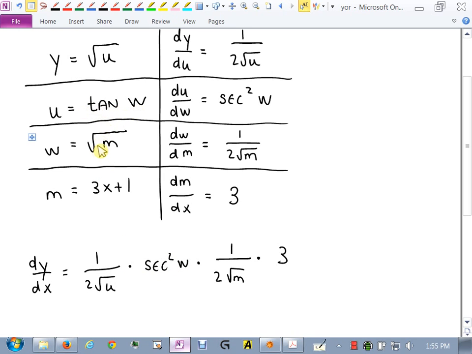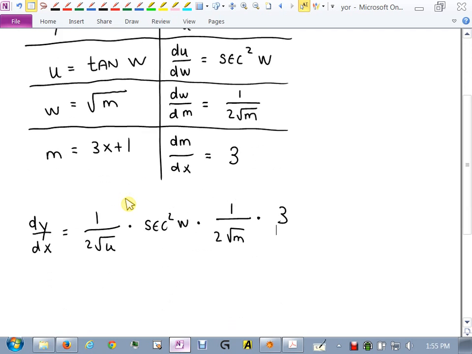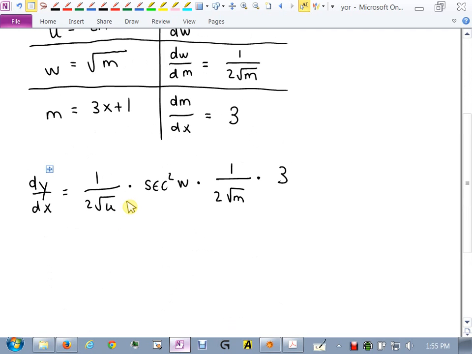Square root m. What was m? 3x plus 1. So you have to do all this backfilling, and it's kind of a pain, but you would get back to what we had before. Is that good enough to show you that? Yeah, but I feel like I don't want to leave you with nothing to fall back on if you need it.